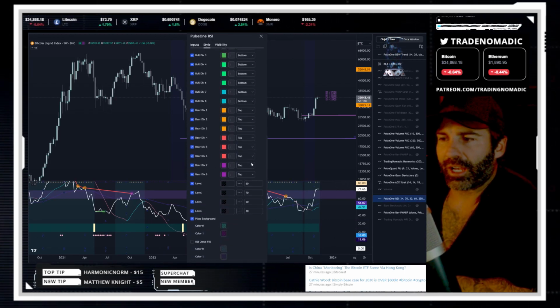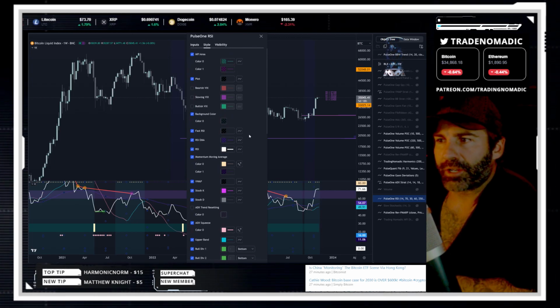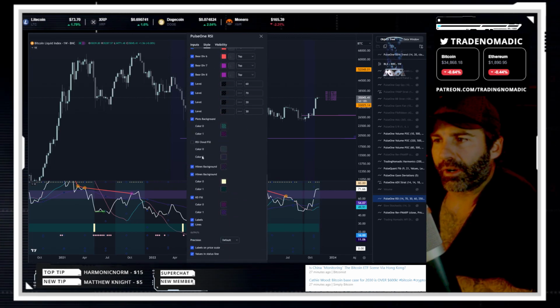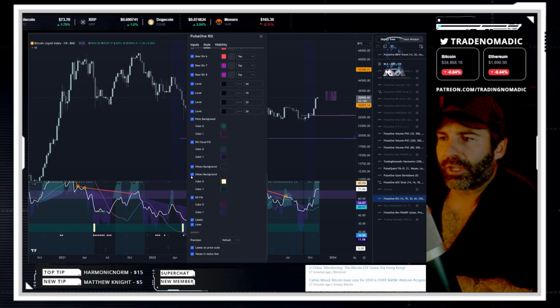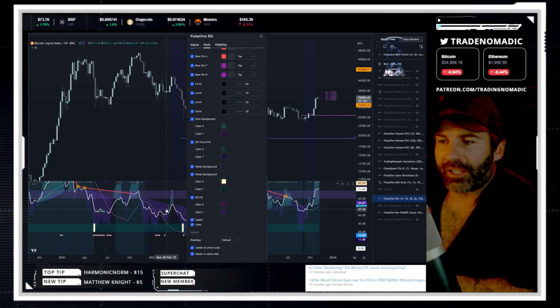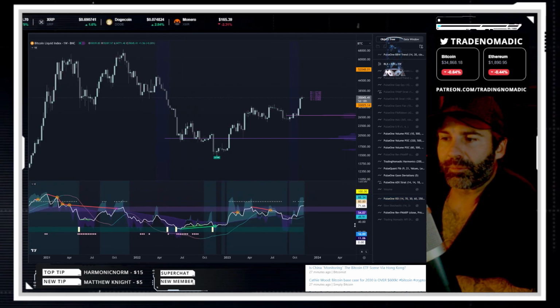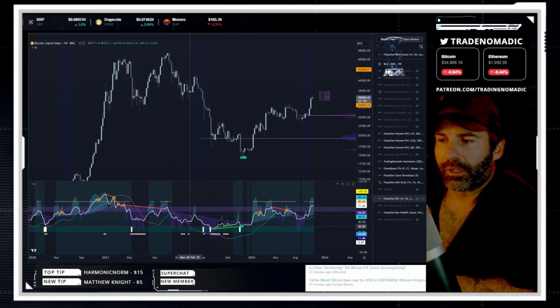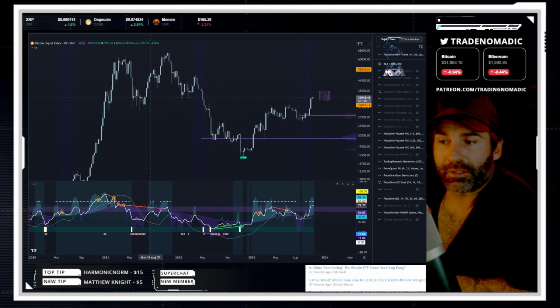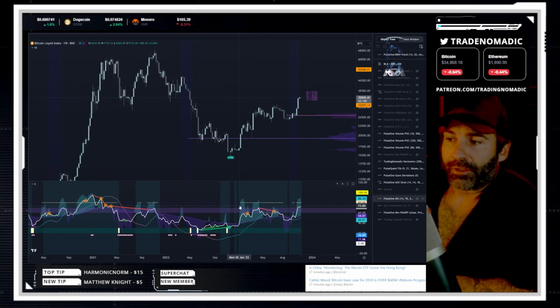You've also got a faster iteration of the RSI on here as well, that you can either just have the line, or you can have it give you the bullish and bearish cloud in purple and green automatically. You can change it to whatever you want.